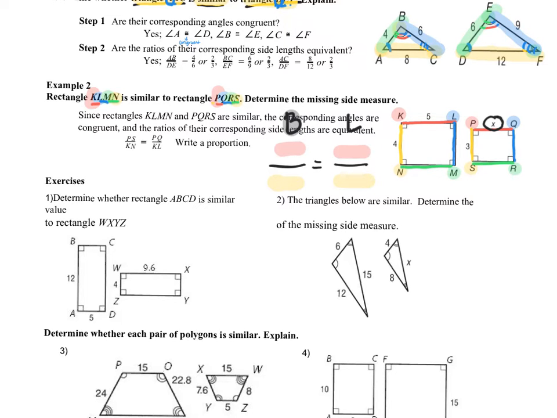So from the sides on the big, I would say 5 goes right here, and 4 would go right here, because that's the same shape. And then on the other side, I would put X over 3.